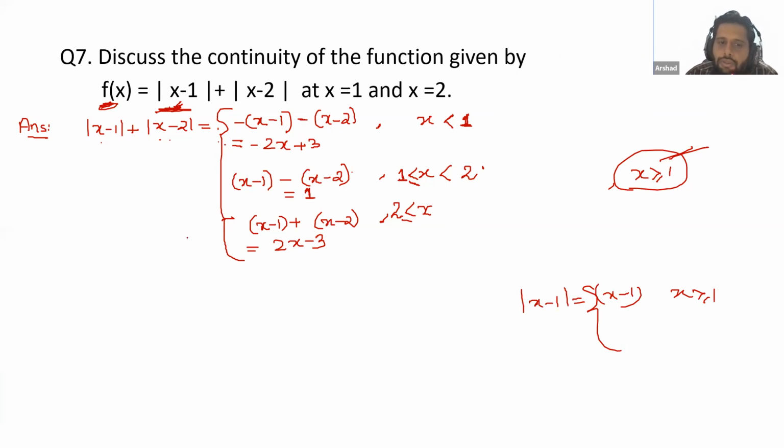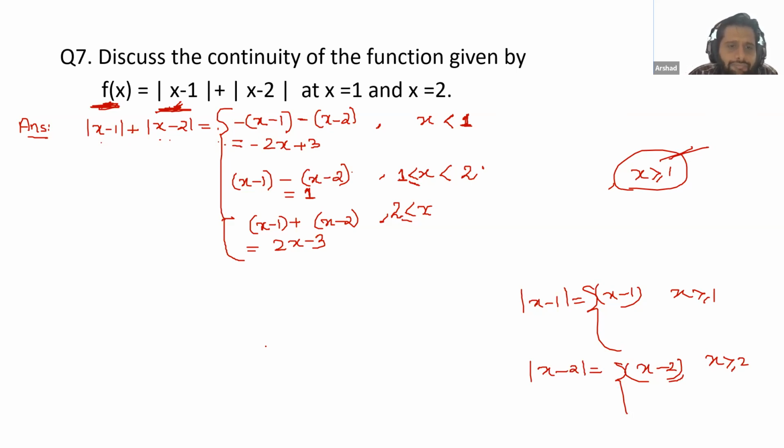That's why the first modulus we have taken as positive, the first one. What about the second one? Second, x minus 2, why are we saying this? Because x is greater than or equal to 2, then definitely, by the definition of mod, if x is greater than or equal to 2, it is positive. Okay, Abdul, I hope this is clear.